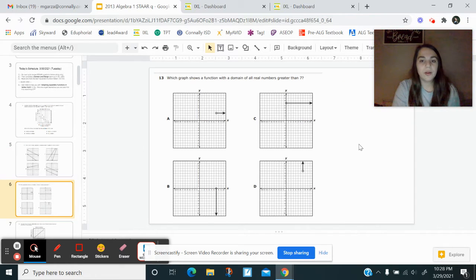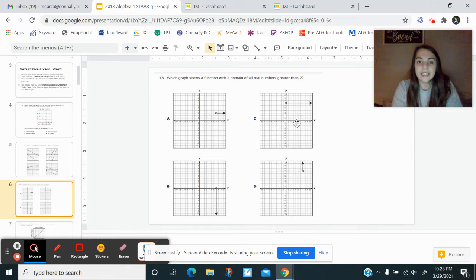All right, one more. It says which of the following shows a function with a domain of all real numbers greater than 7. Jeez, I cannot talk. All right, first of all, it says we are looking for a function. So I can eliminate B and D because these are not functions. They do not pass the vertical line test. They are vertical lines, which means they fail the vertical line test.